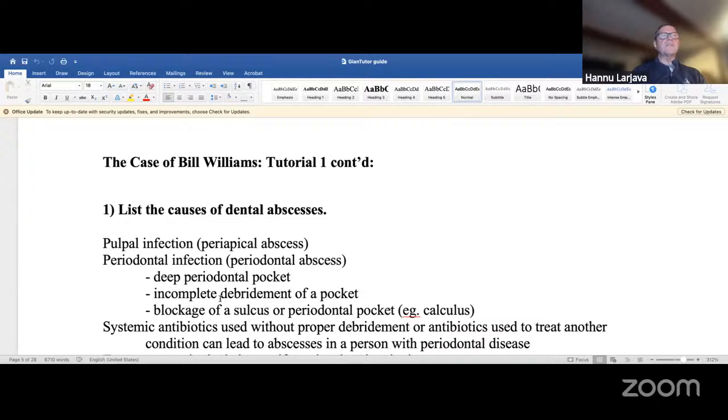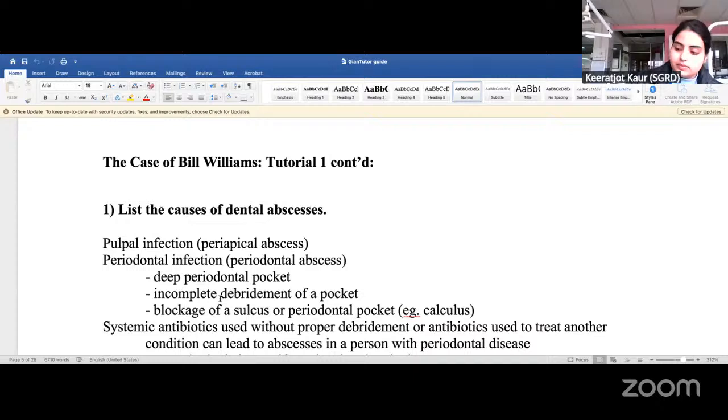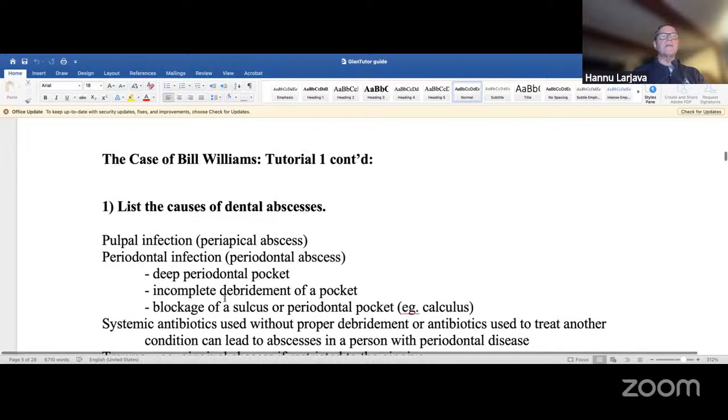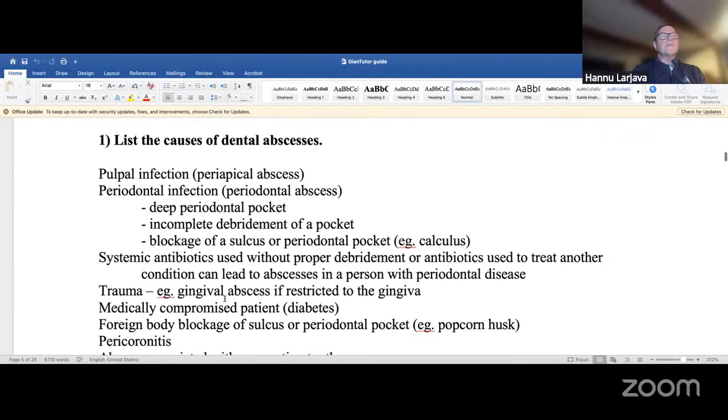Somebody has dislodged a chunk of calculus and then the pocket doesn't drain, because typically pockets are open, they drain, so we don't usually have periodontal abscesses unless somebody blocks that drainage in periodontal disease. Sometimes systemic antibiotics, if patients are just given antibiotics and no debridement, may lead to an abscess, although you would think otherwise, because the bacteria are still there.